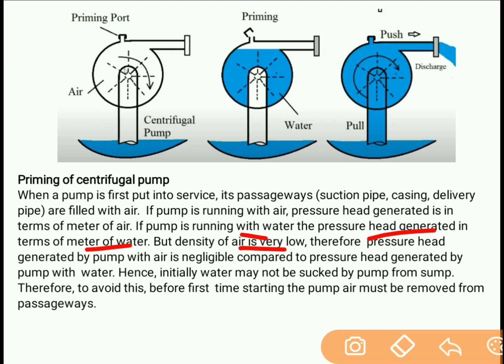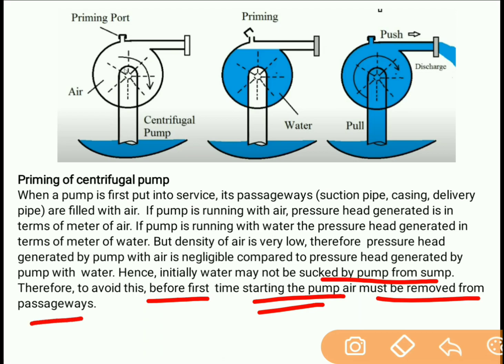But as the density of air is very low, the pressure head generated by the pump with air is negligible compared to that generated with water, and hence initially water may not be sucked by the pump from the sump. Therefore, to avoid this, before starting the pump for the first time, air must be removed from the passageway.